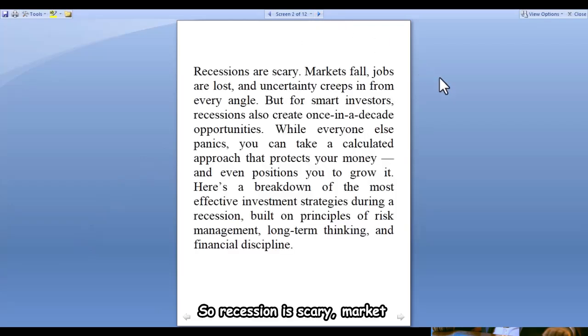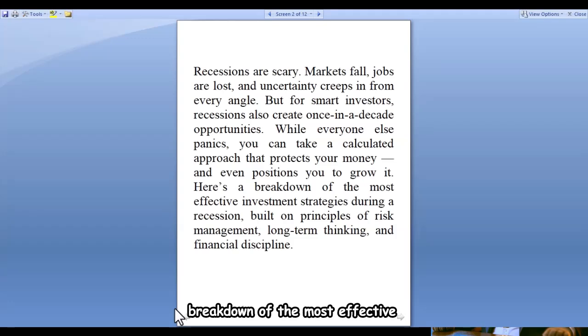Recession is scary. Markets fall, jobs are lost, and uncertainty creeps in from every angle. But for smart investors, a recession also creates once in a decade opportunities. While everyone else panics, you can take a calculated approach that protects your money and even positions you to grow it.